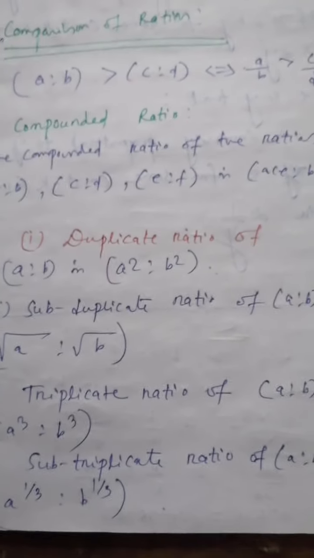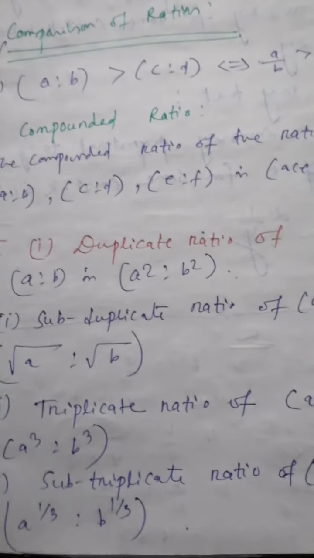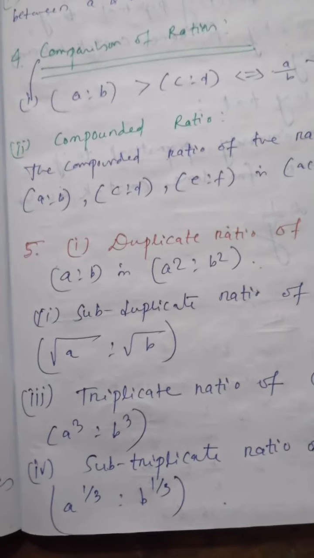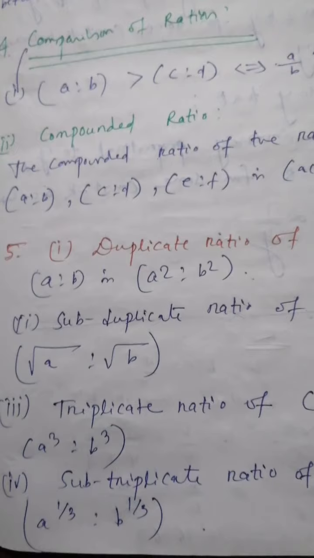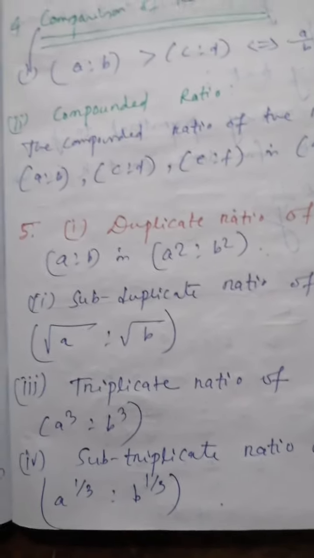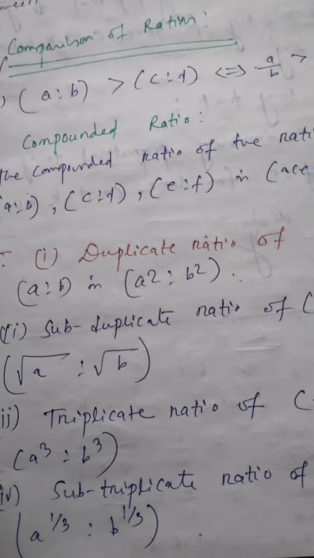Next, point number 5 defines the duplicate ratio. For A is to B, its duplicate ratio is A square is to B square. For example, if A is to B is 2 is to 3, then A square is to B square equals 4 is to 9.